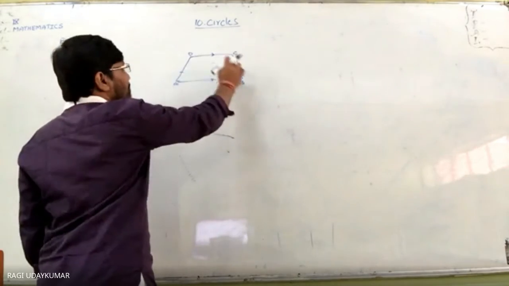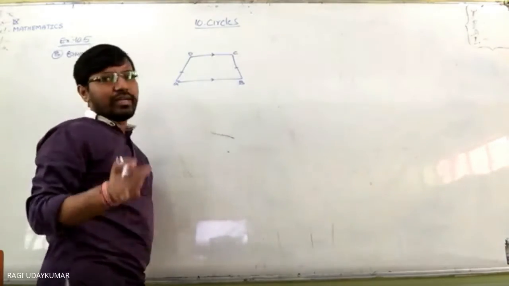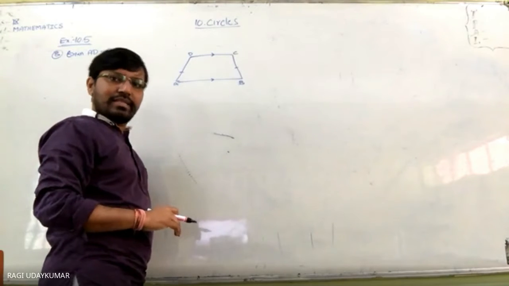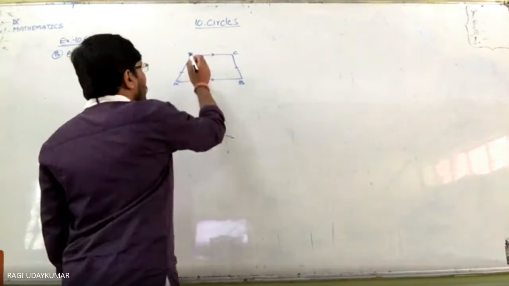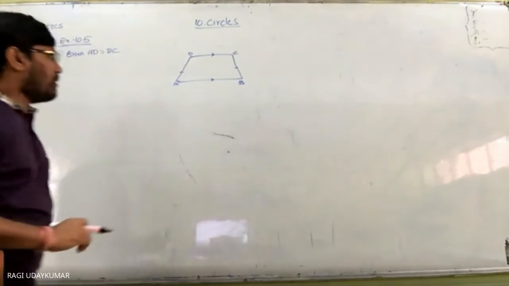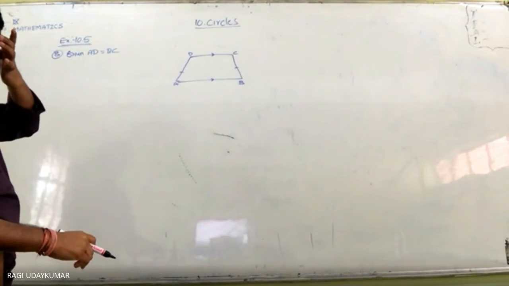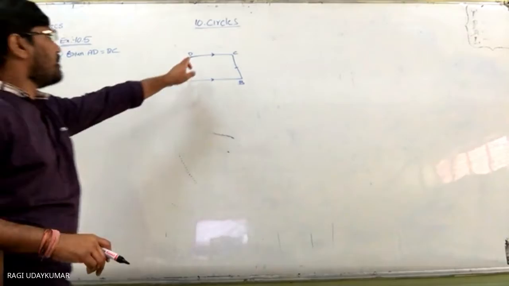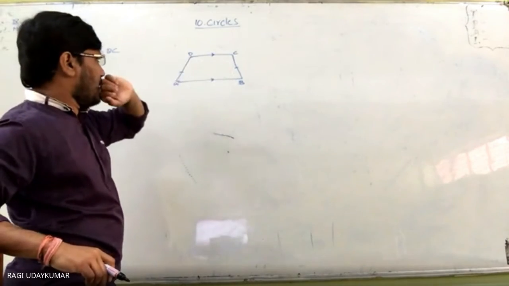Then you can say that B and D sum is also equal to 180. Therefore, it is a cyclic quadrilateral. So for that purpose, we need to prove that these two are equal.